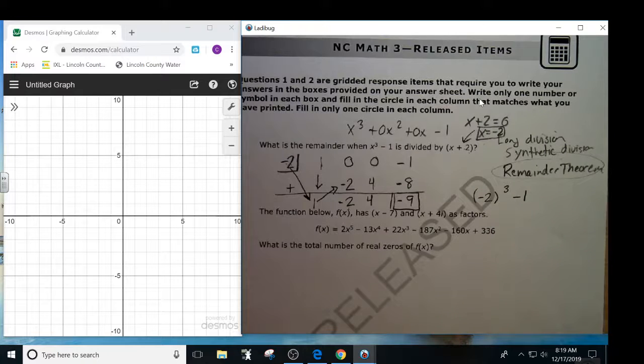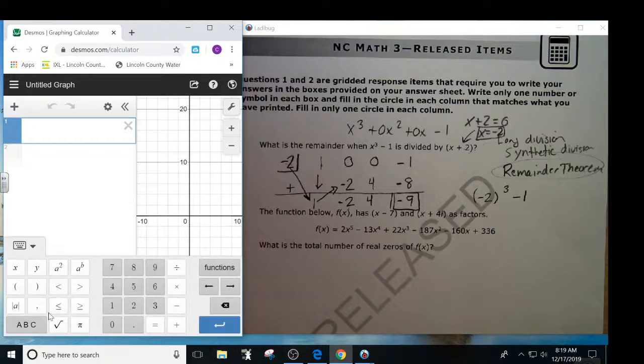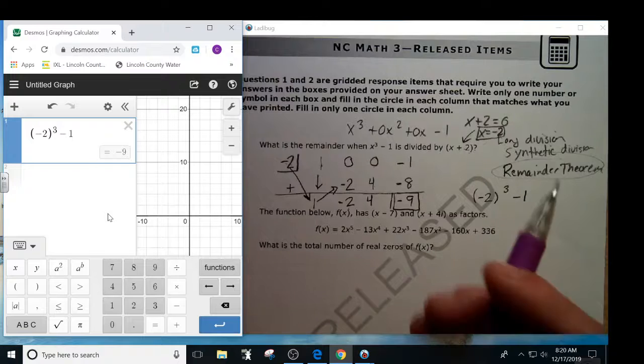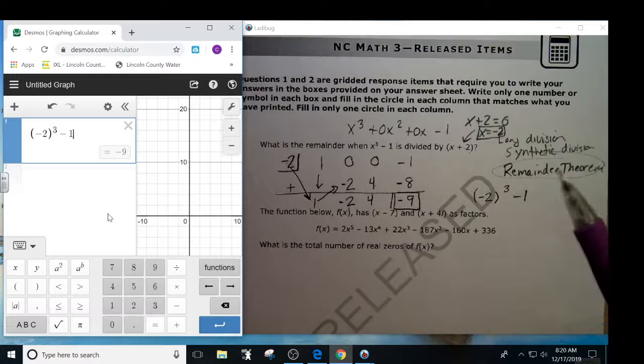All right, so you plug it in. If you plug that in, that's going to give me negative 9.